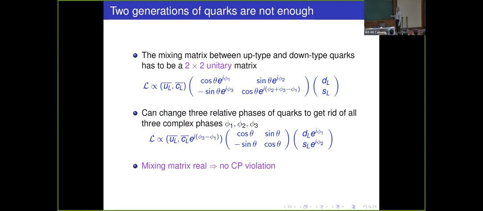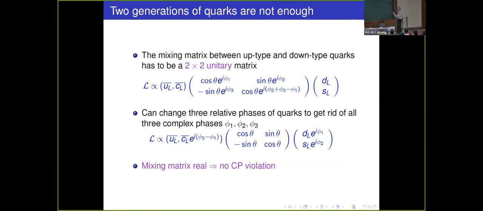And we'll notice that now this is our new DL, new SL, new UL, and new CL, and then the mixing is simply a real matrix of cos, sine, and cos. So this tells you that in principle, there is no coupling constant, effective coupling constant that is complex. We can always take away all the parts that are not observable, and what remains is simply a real quantity, and therefore this will not give you a CP violation.